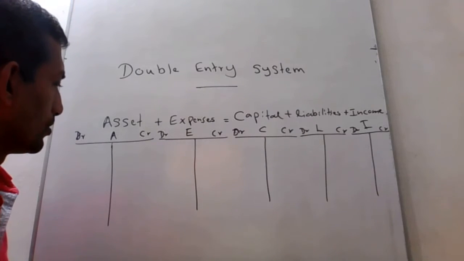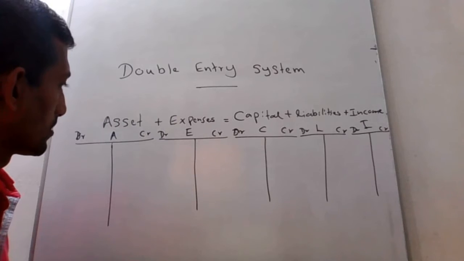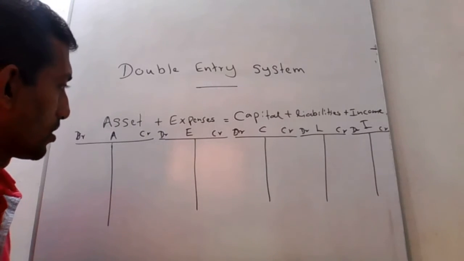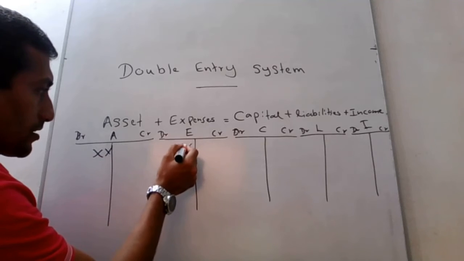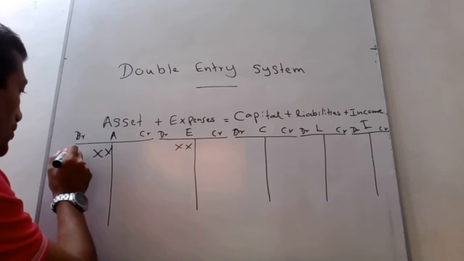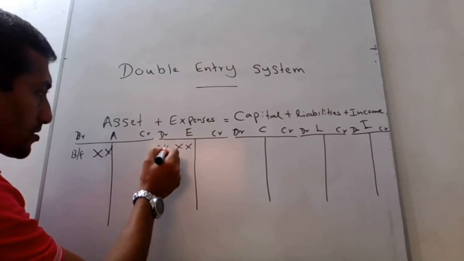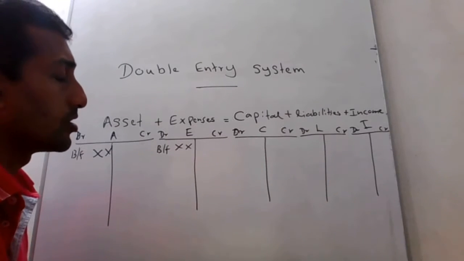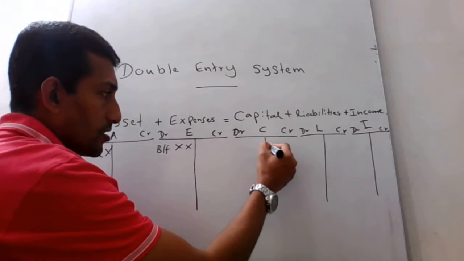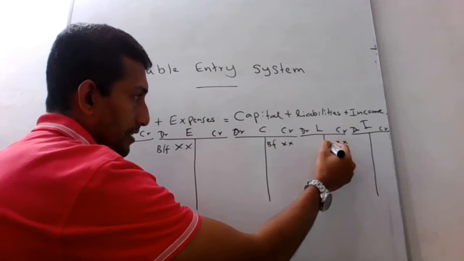So as I told you, the accounts on this side, assets and expenses, should have debit balances. So I will write the brought forward of assets on the debit side, and expenses also on the debit side. Whereas capital, liability and income should have credit balances, so the brought forward balances would be credit.